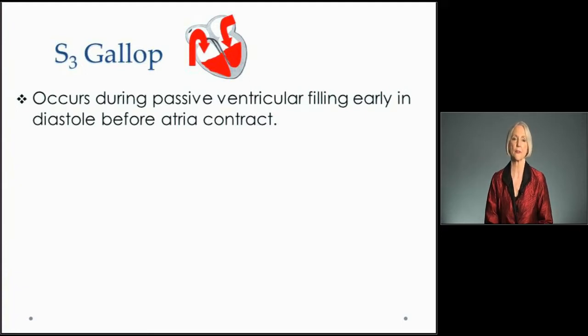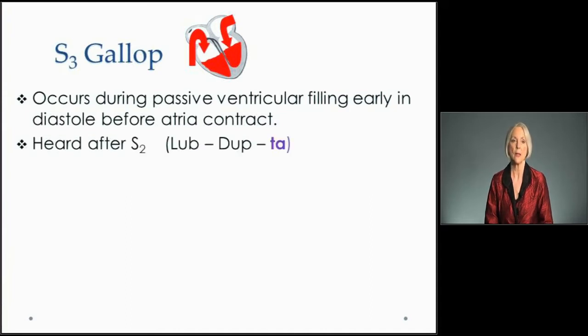We said that as the ventricle relaxes, first goes into diastole, you'll hear the S2, and the blood that has been accumulating in the atria will fall passively into those ventricles, and that's what's making that third heart sound. So it's heard after the S2: lub-dup-ta, lub-dup-ta, lub-dup-ta.